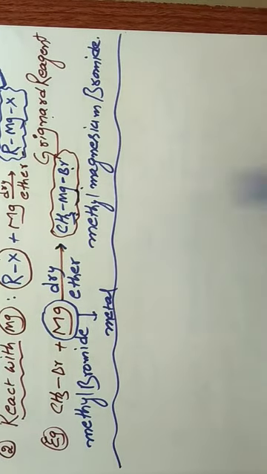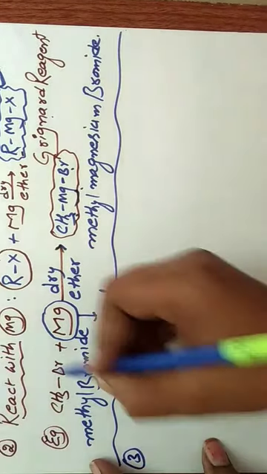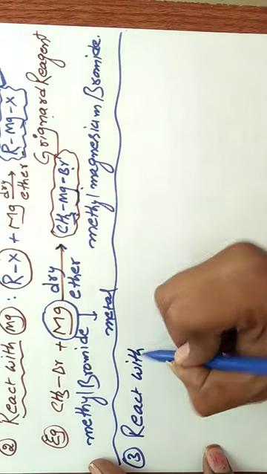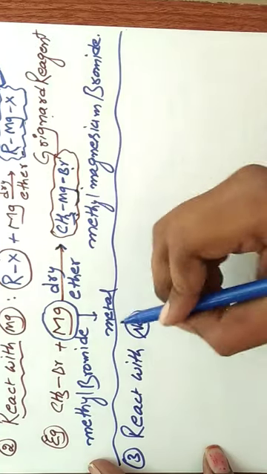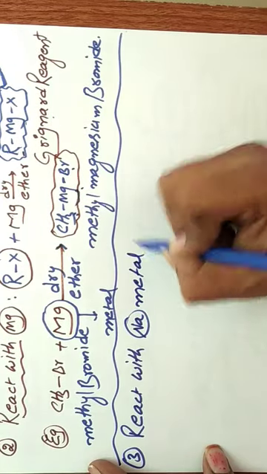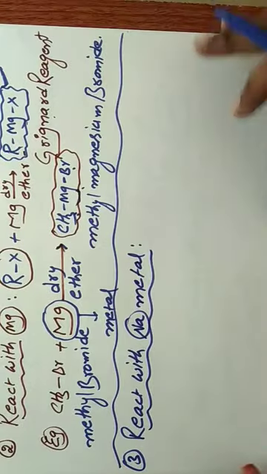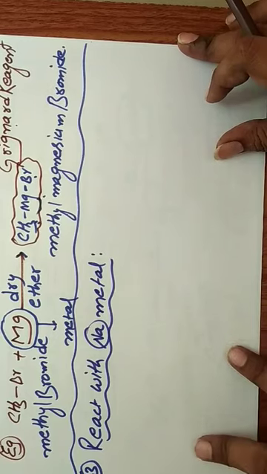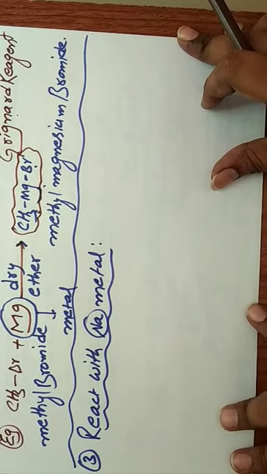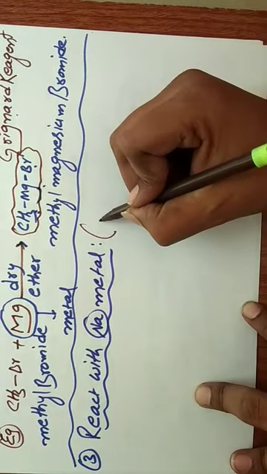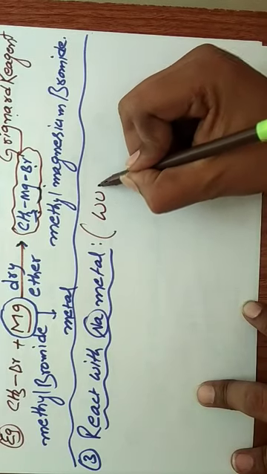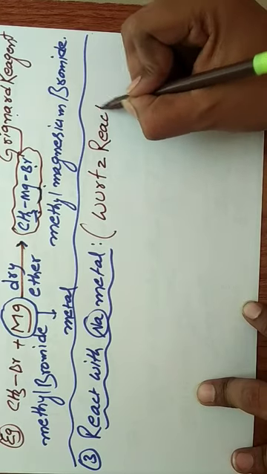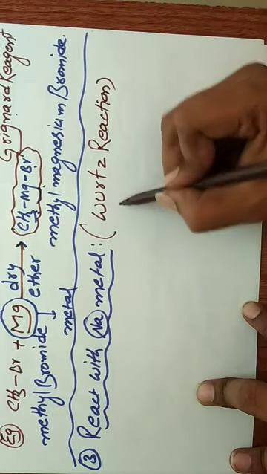Next one: react with sodium metal. You already learned in first PUC that alkyl halides react with sodium metal. This name is a scientist's name: Wurtz reaction.